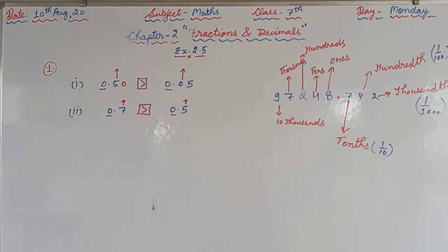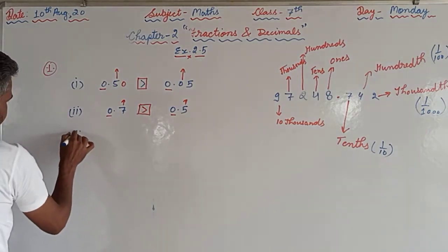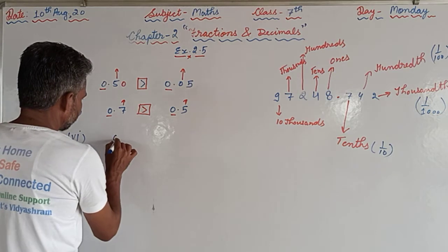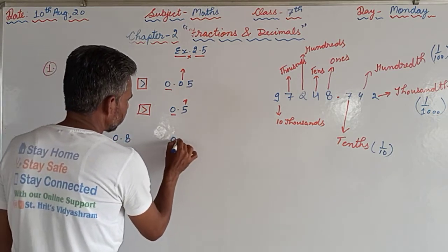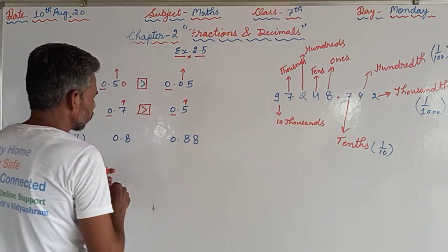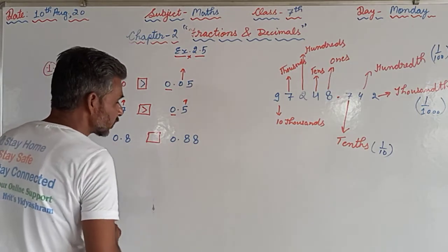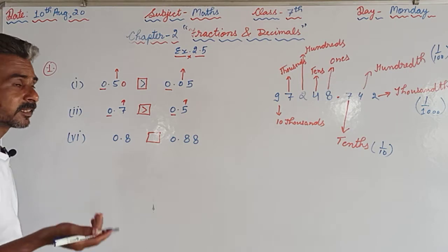Now if we proceed further, then the last part, the sixth part: 0.8 or 0.88. What I told you previously is that first of all we are supposed to reduce them into like decimal form.